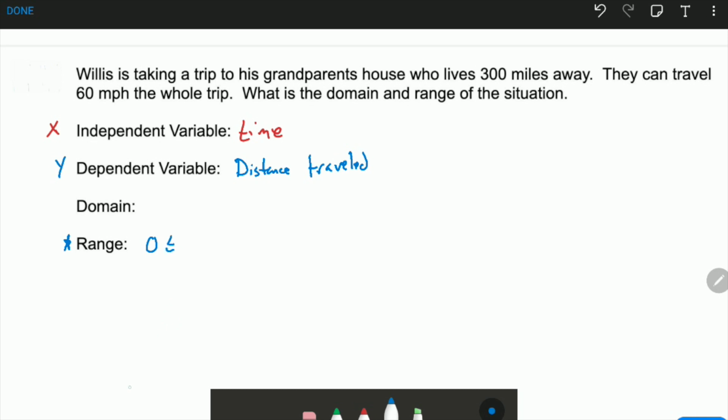Less than or equal to, because we are starting at that 0. Y less than or equal to, because we're going to get to our destination after we travel 300 miles. That 300 will be at the destination, so it will be included.